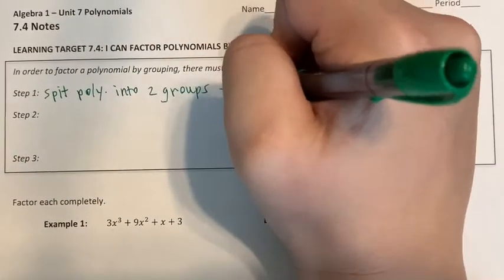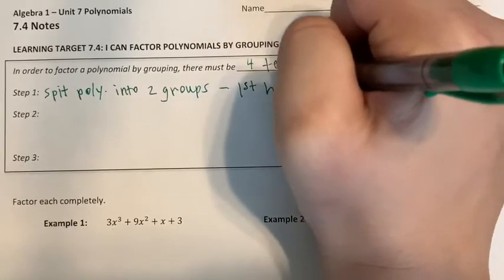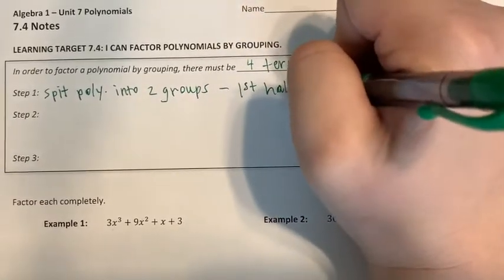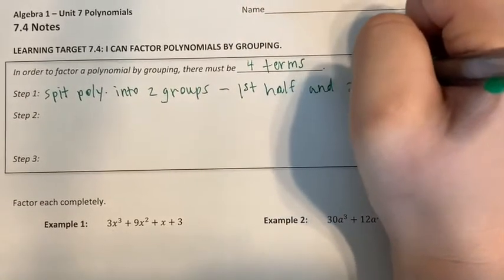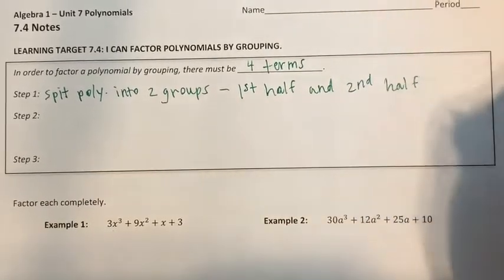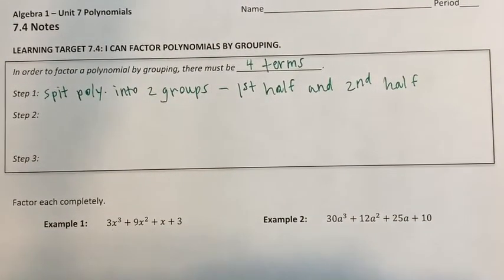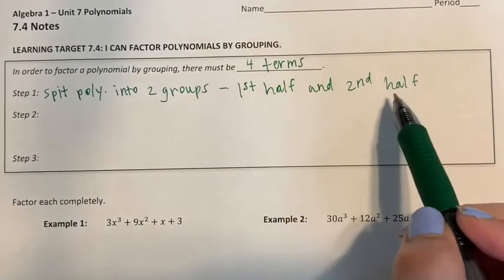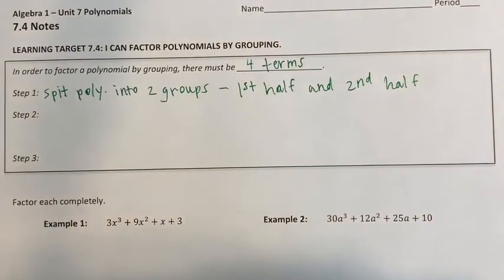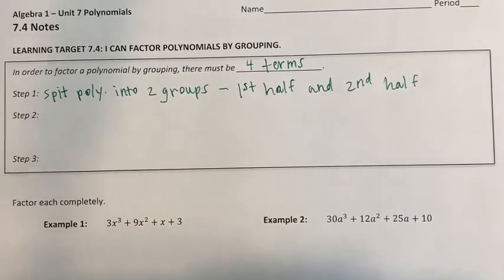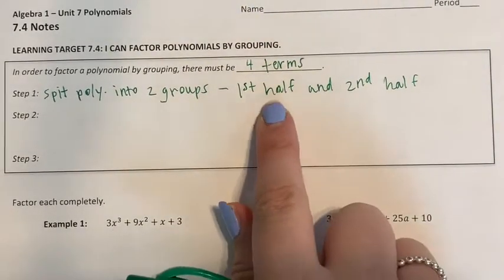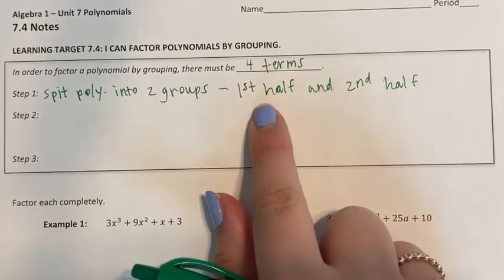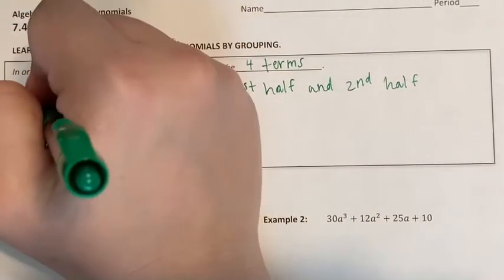More specifically, we could say we're going to have a first half and second half. That's where the grouping comes in. We'll chunk it into the first group or the first half and the second group or the second half. Once you split your polynomial, then we have to look at each half separately. So we'll first look at the first half and we have to factor out the GCF.